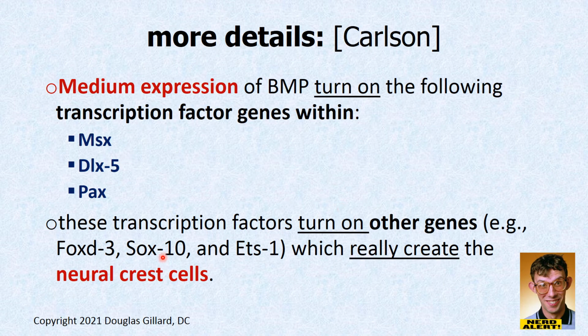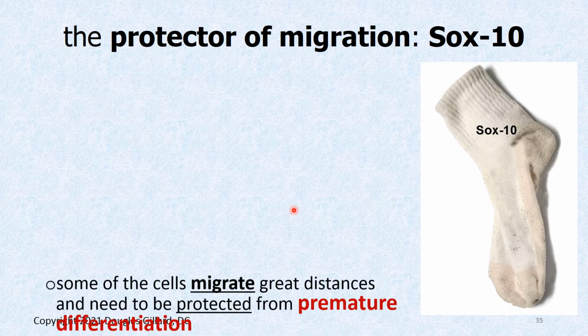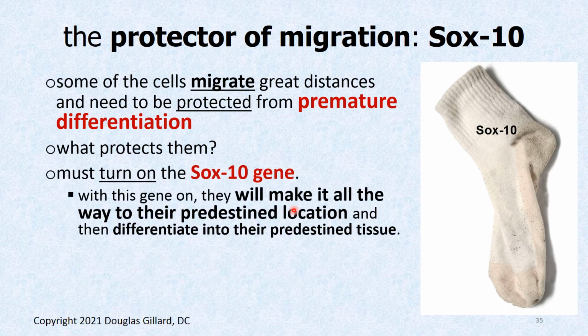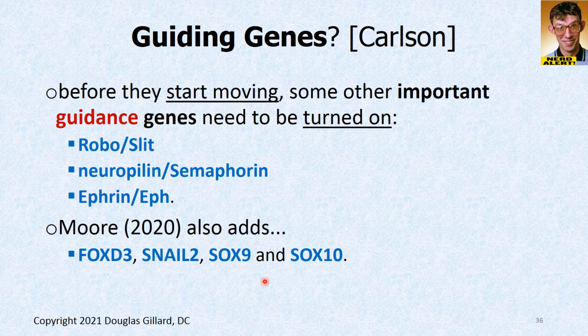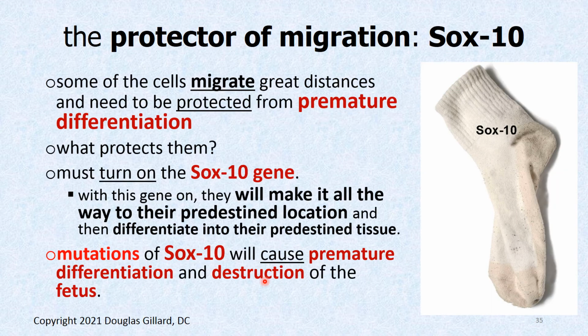It is on our list there. So that is also involved. So I guess we are knocking some of these out. SOX10 protects them so they can make it to their predestined location. Mutations of the SOX10 gene will cause premature differentiation, and you'll just get messed up neural crest cells. So you need SOX10. I'm trying to pick all the genes that I can give you a nice visual to remember them by.